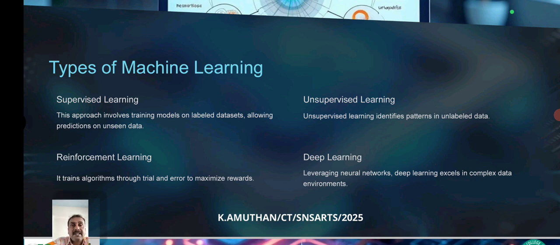Reinforcement learning trains algorithms through trial and error to maximize rewards. Deep learning is one of the subtopics of machine learning. Deep learning leverages neural networks and excels in complex data environments. In big data, if you want to fetch or extract complex data, you have to use deep learning.